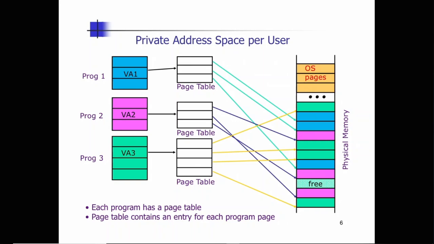Now let's take a look at 3 different programs. Over here we have programs 1, 2, and 3. They have their virtual address spaces 1, 2, and 3 highlighted in different colors. Each program gets its own page table. For each page number in the virtual address space, there is a corresponding entry in the page table for each program.